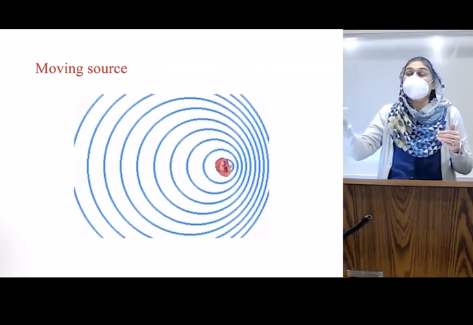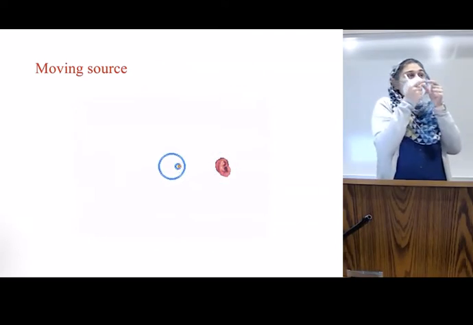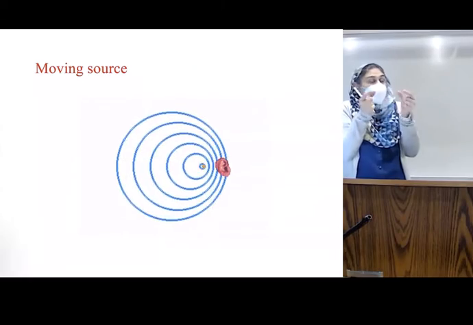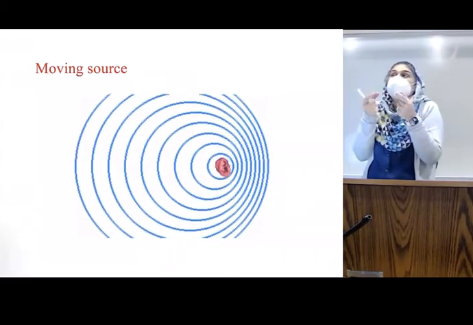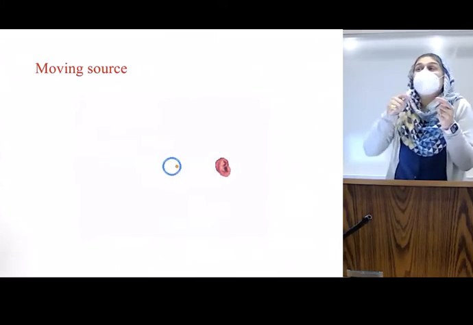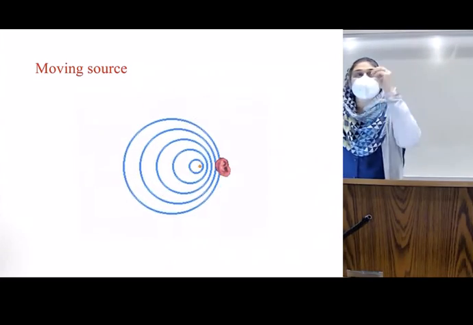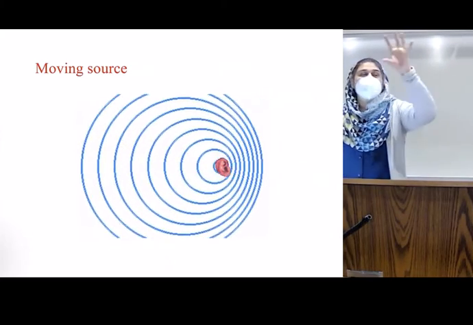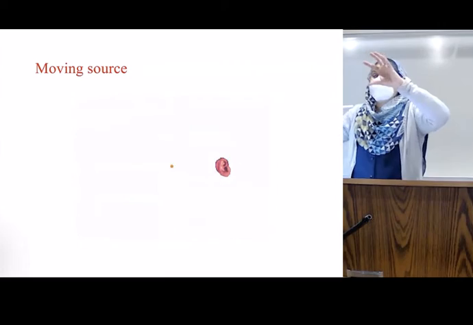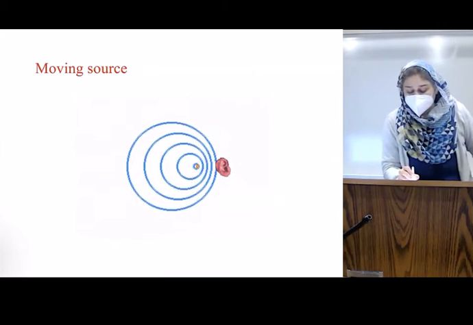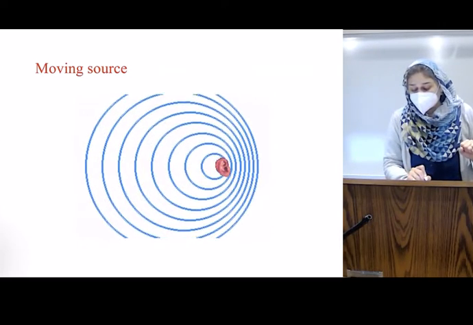So when it is approaching you, more of these waves are reaching you, the faster that thing is going. And when it goes away from you, there's a quick whoop, and then it starts to go away. Notice what happens when it crosses the ear.